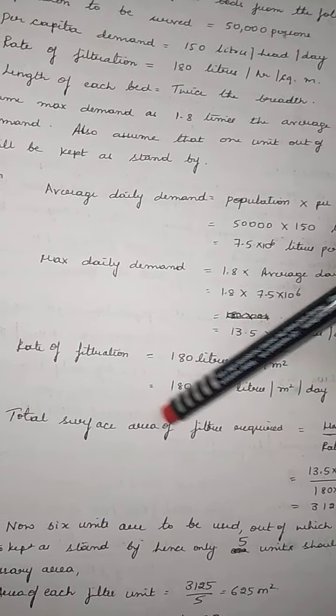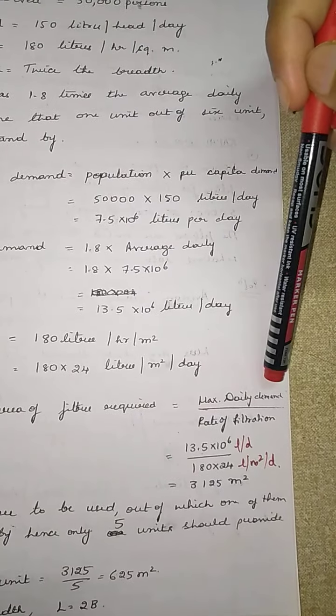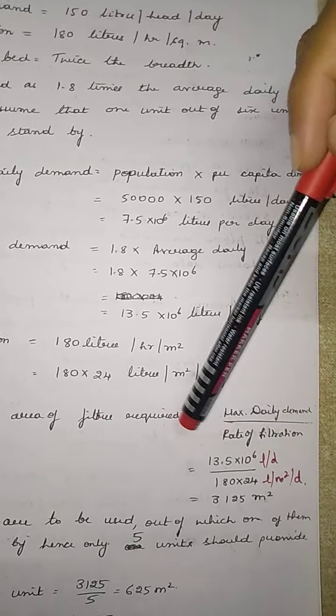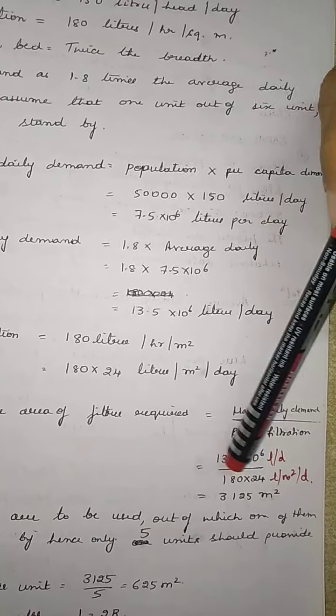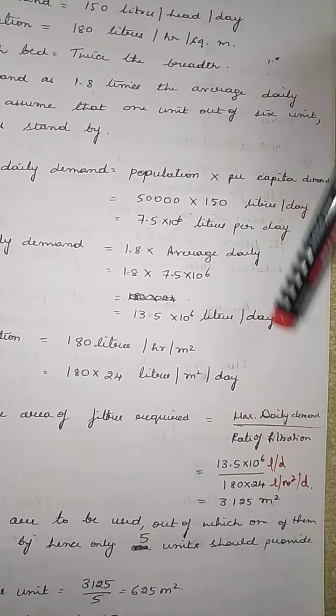Okay, then total surface area is equal to maximum daily demand divided by rate of filtration. The maximum daily demand we have already calculated, that is 13.5 into 10 to the power 6 liters per day.